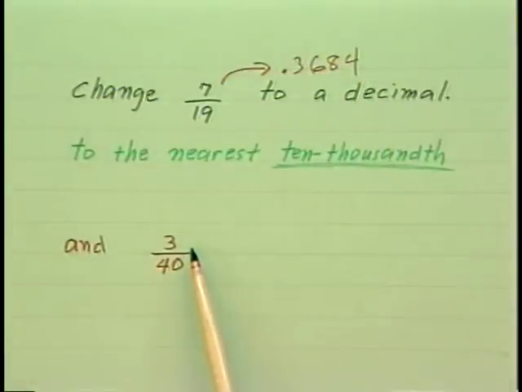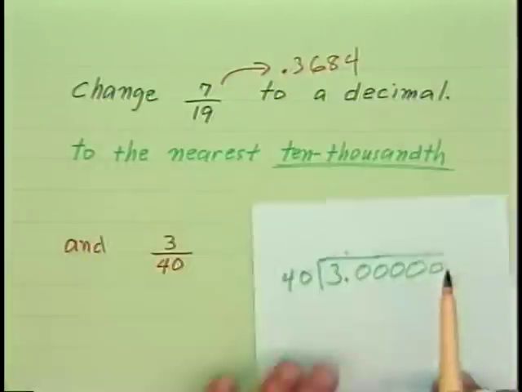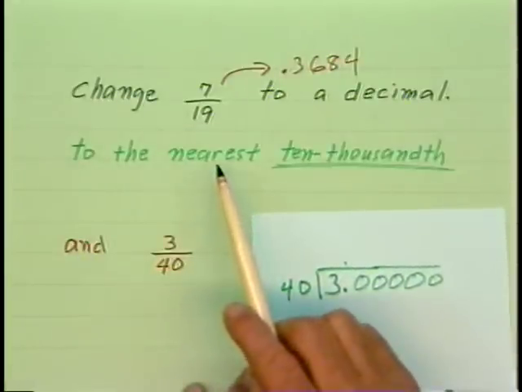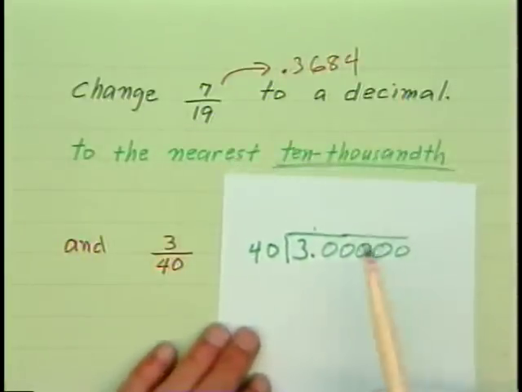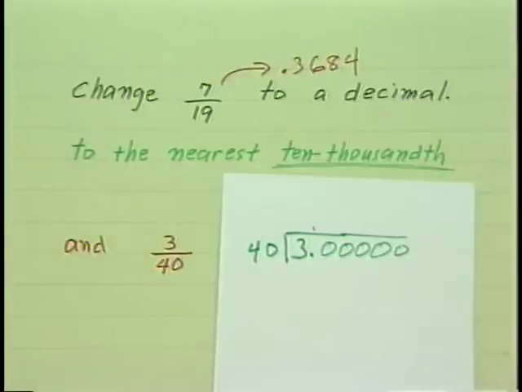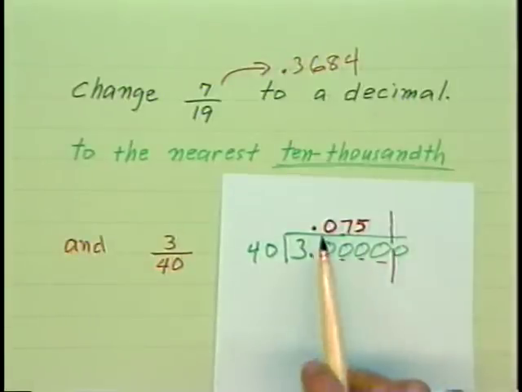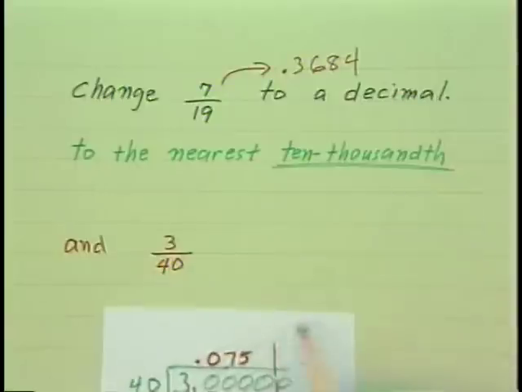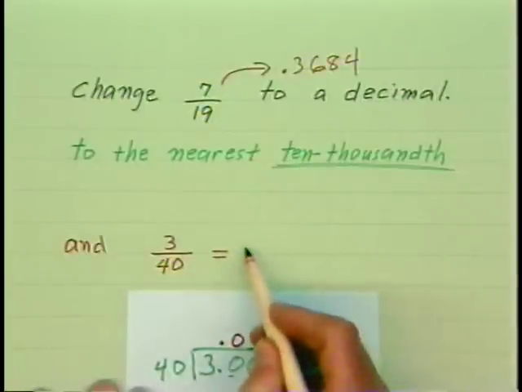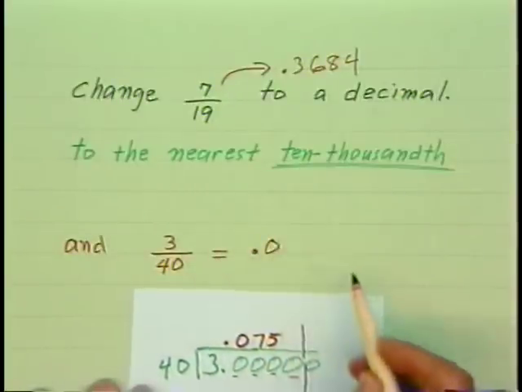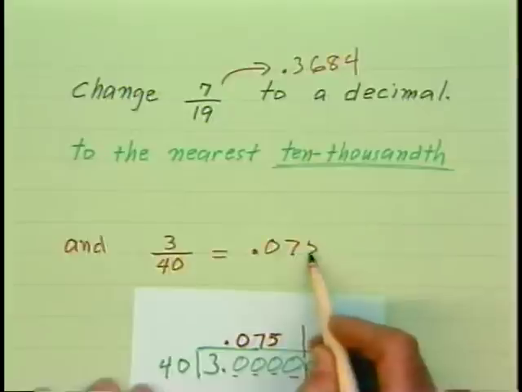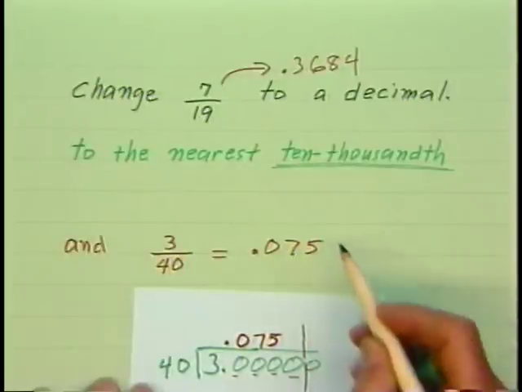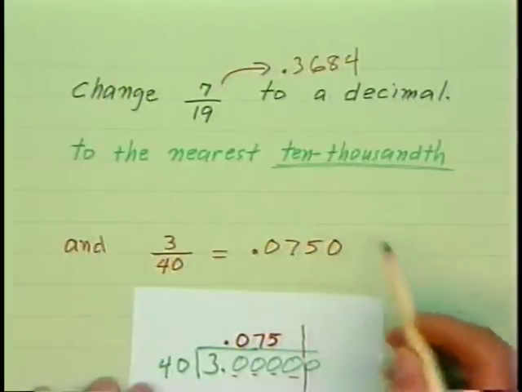Then doing the same thing to this fraction that we wish to have as a decimal accurate to the nearest 10 thousandths, we would get a situation where it actually terminated before I got to the nearest 10 thousandths. However, as I wrote this, more likely I would not terminate it here, but actually insert a 0.